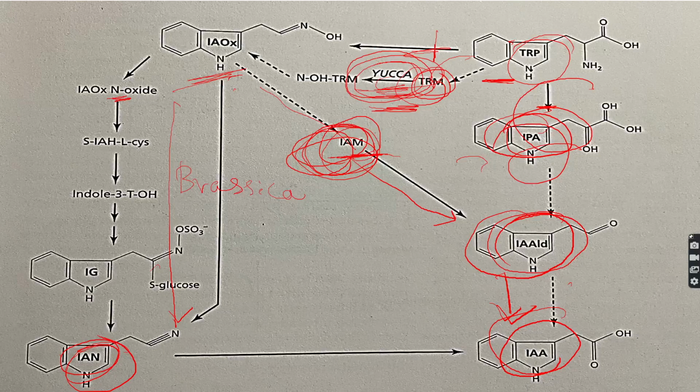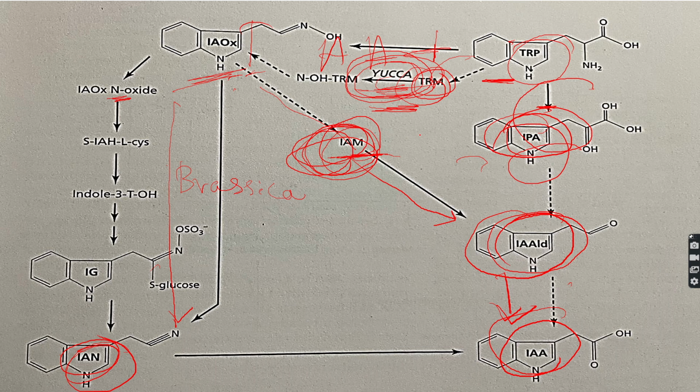So now we can brief this class: there are two pathways for IAA synthesis. One is tryptophan dependent and another is tryptophan independent. Tryptophan independent starts with indole, and tryptophan dependent starts with tryptophan.